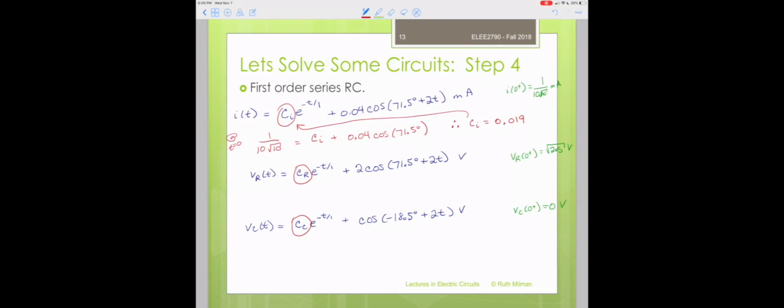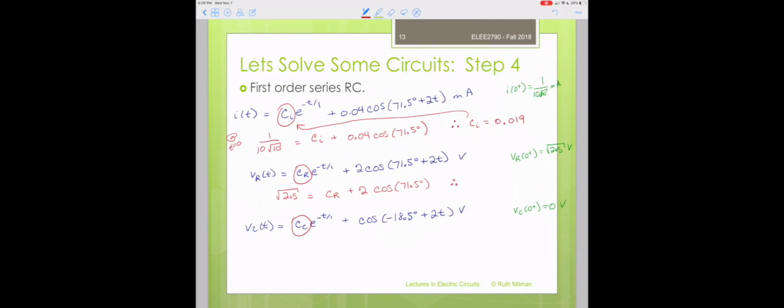Now we're going to do the same thing for our next two equations. So, looking at the voltage on the resistor, we know that the voltage on the resistor starts at the square root of 2.5. That's equal to CR times 1, because t is equal to 0, plus twice the cosine of 71.5 degrees.